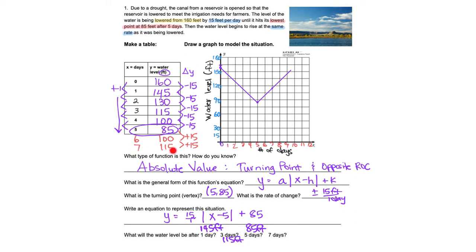And then we figured out 7 days was back to 115 feet again. So you can just label those there. We use the table. Like I said, we can plug the x values into the equation and solve for y. We'll be doing that a bit more later in this lesson.